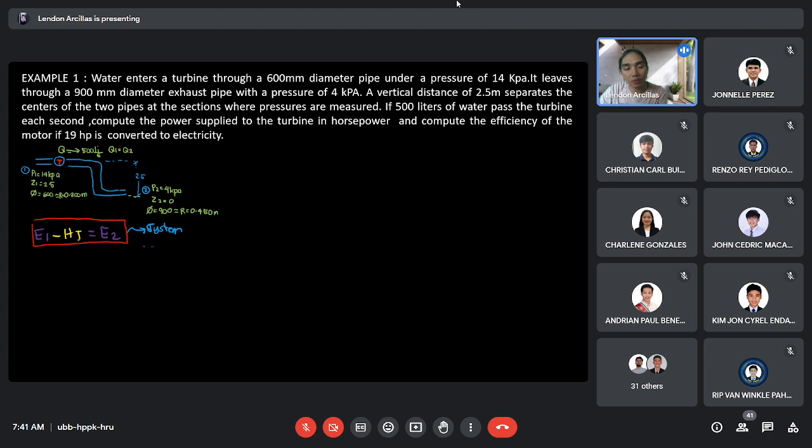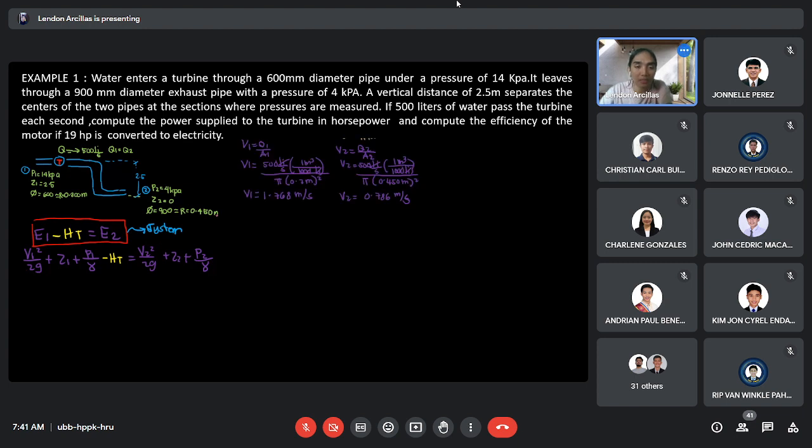So, that is HT in. Okay, this is HT in. So, E1 is composed of these energies minus HT in and then energy for point 2. As you can see, what is missing here is the velocities. So, we need to find first the velocities.